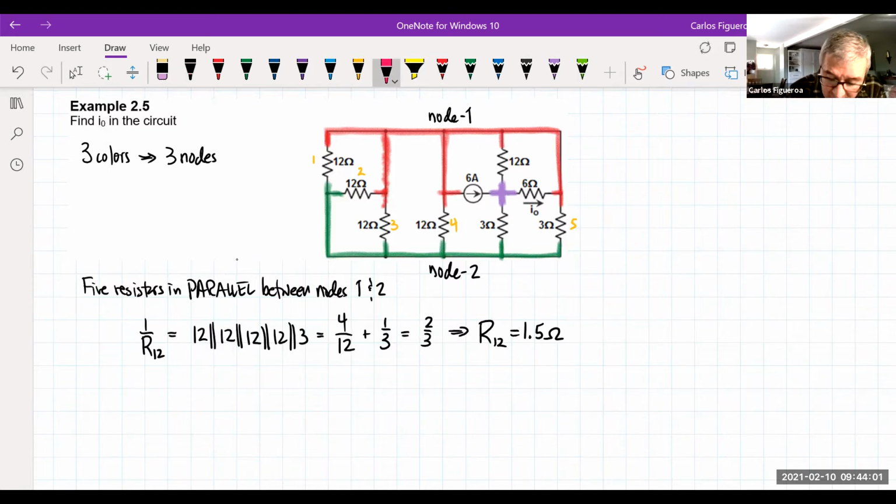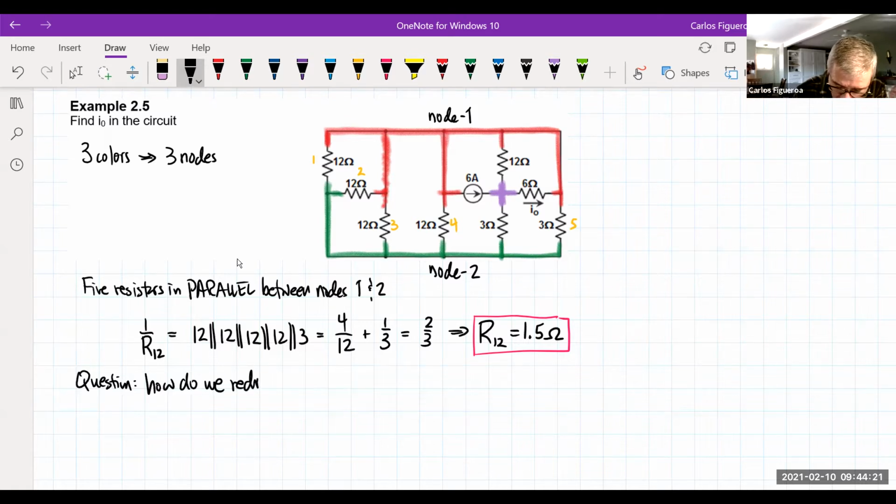Okay, so look at that. I reduced this very, very quickly. So the question is now, how do we redraw the circuit?